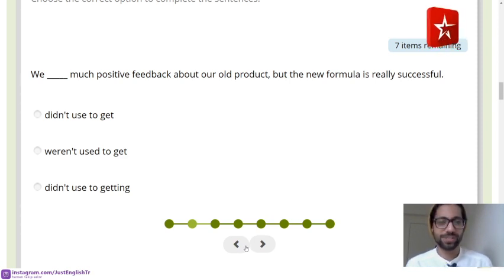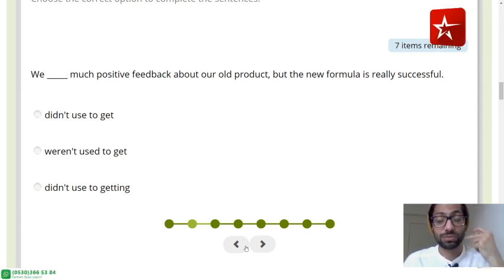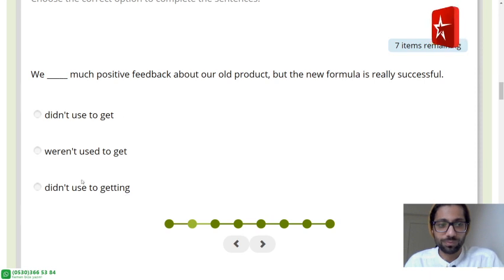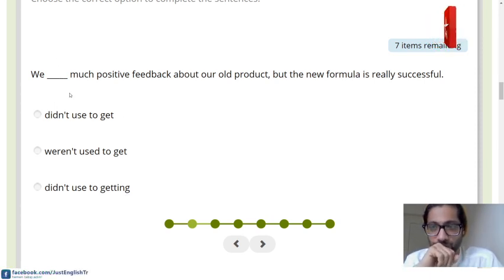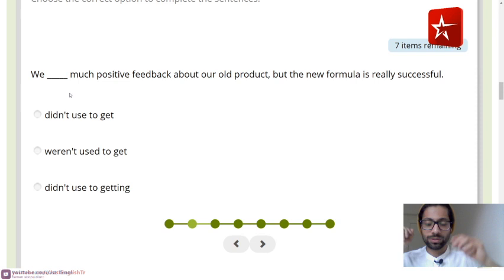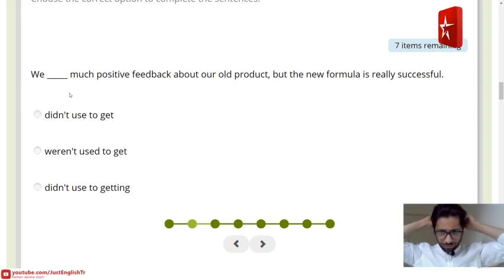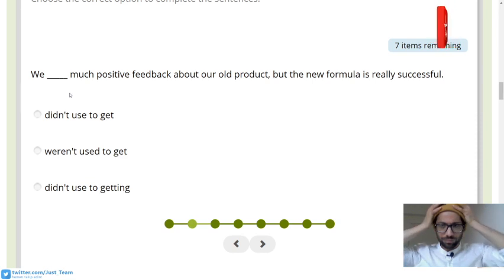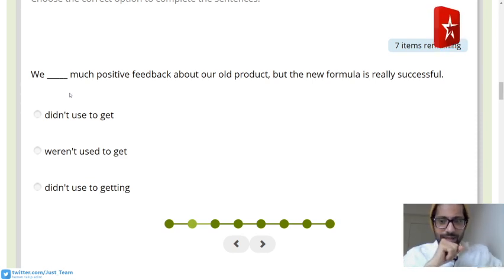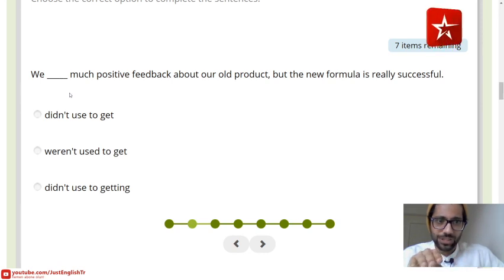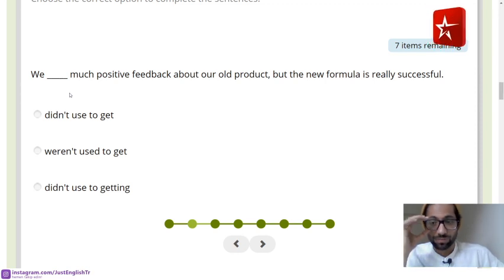We blank much positive feedback about our old products, but the new formula is really successful. What will we use here, guys? Which one? Understand the sentence.